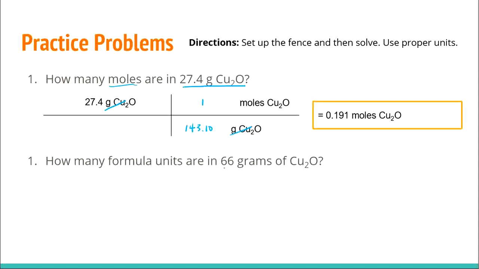You are given 66 grams of Cu2O. It wants formula units. Well, if you're given grams of Cu2O, can you go straight to formula units? I want you to think about the diagram or the picture of the mole that I showed you previously. What is always in the middle?